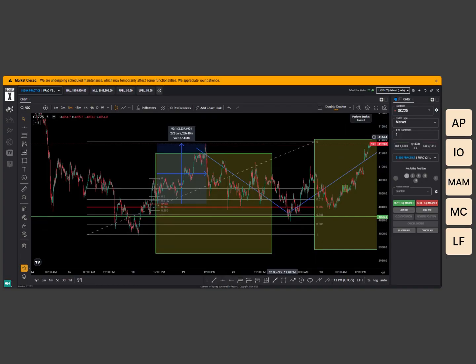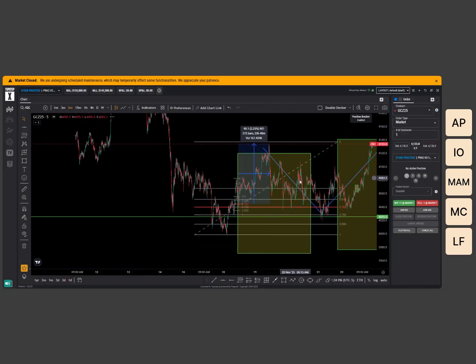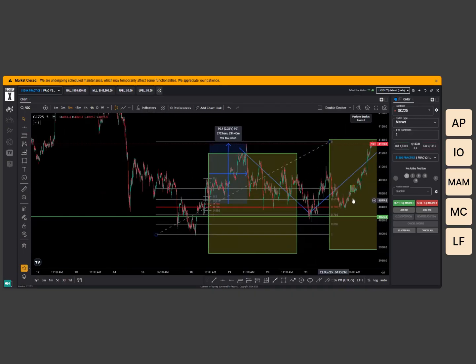And this is why I'm trying to show that if there's a super, super clean entry, the probability of having a back-to-back entry that does just as good as the next entry is slim. It's just slim. It's not the same, especially considering if you're trading in this versus trading in this.